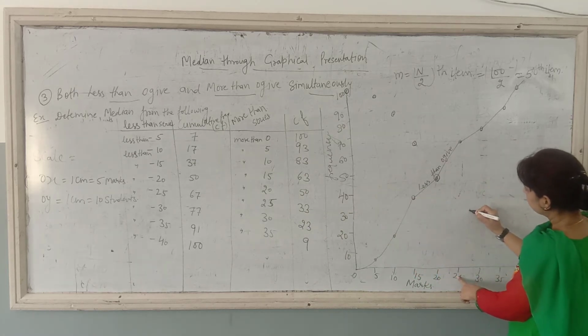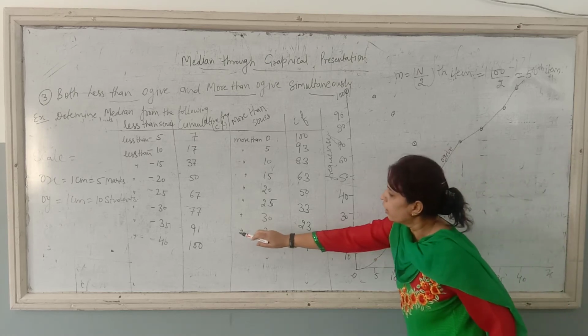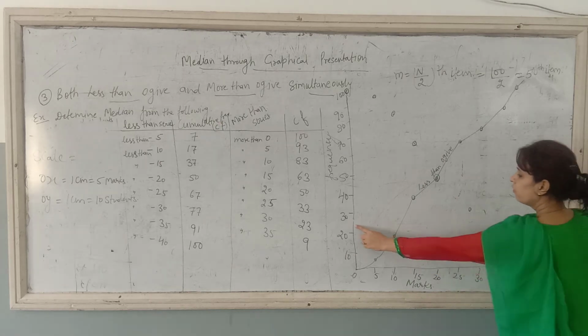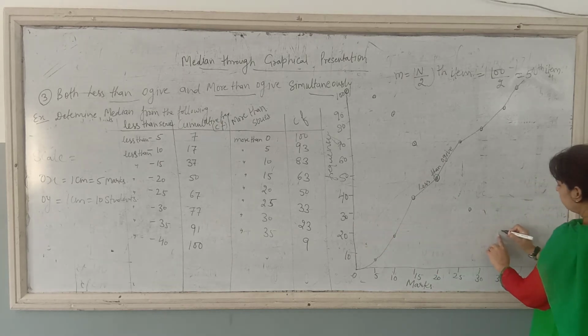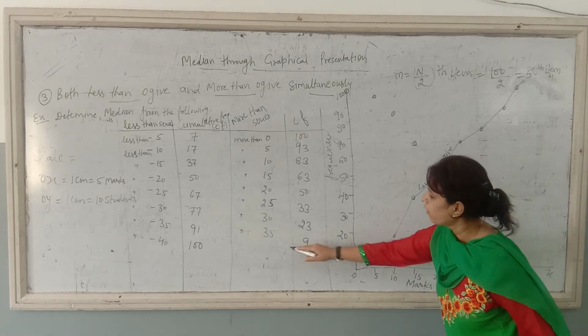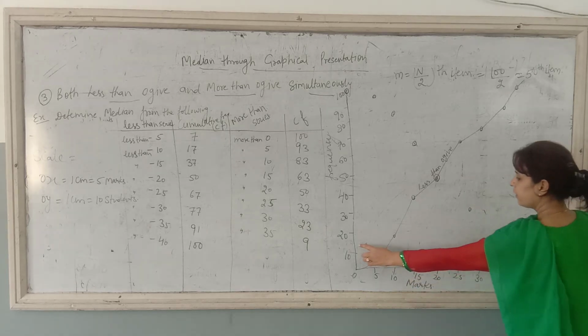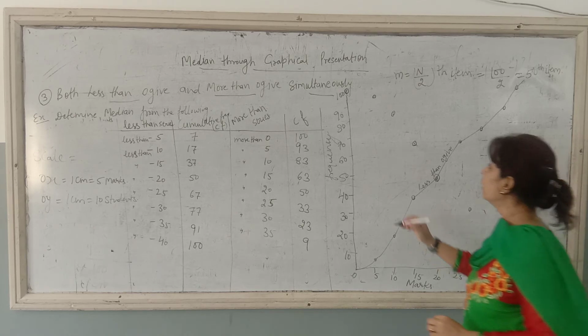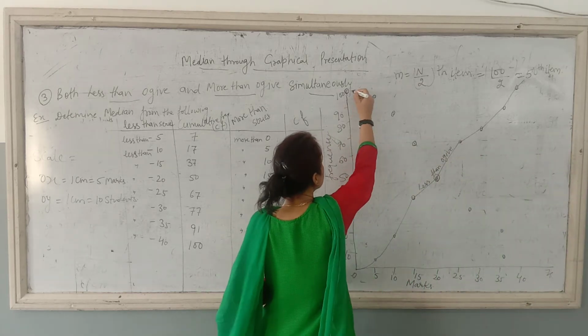Clear? Now next 35, 23. And 40, that is 9. Clear? Now you have to join this one also.